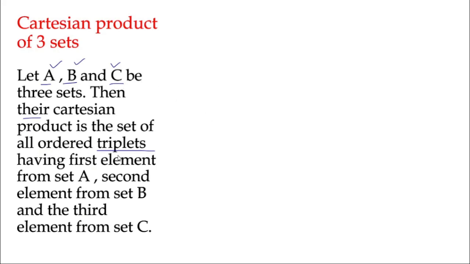This is the set of ordered triplets having the first element from set A, the second element from set B and the third element from set C, and I can write it as A cross B cross C.